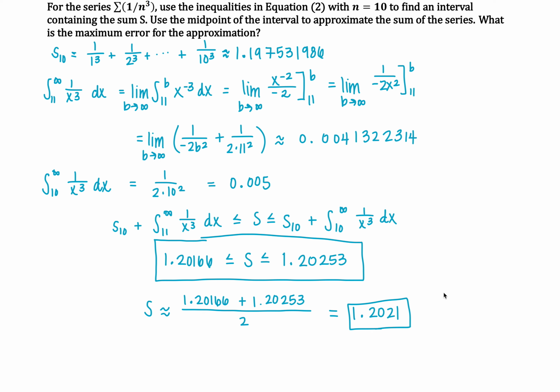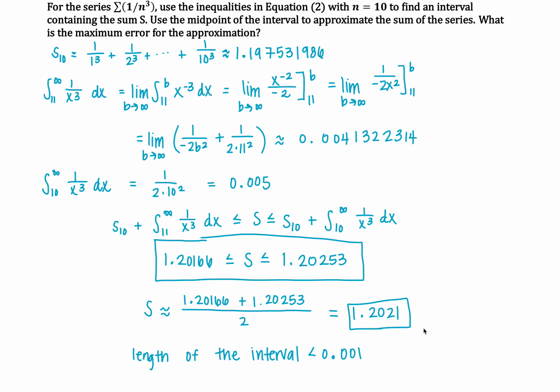And then finally, what is the maximum error for the approximation? Now, the length of the entire interval, if you were to subtract 1.20253 minus 1.20166, that would give you the length of the interval. And the length of the entire interval is going to be a little smaller than 0.001.